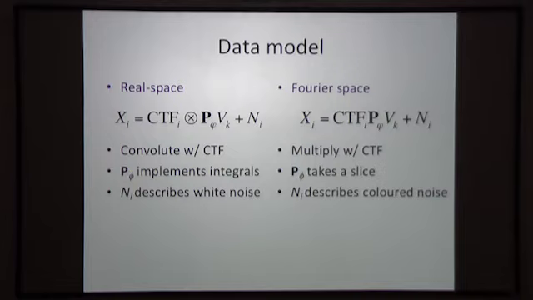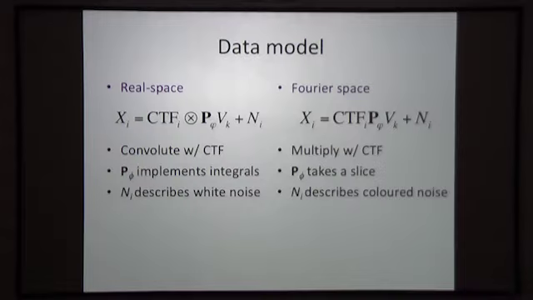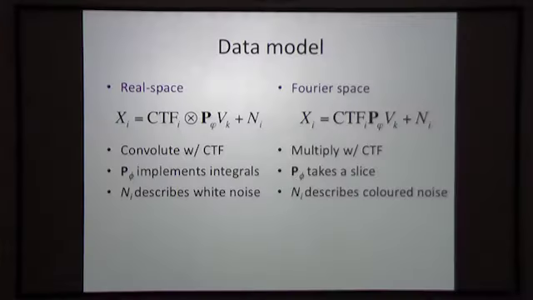Whereas in the Fourier domain, you can take the Fourier transform of that point spread function, which we call the CTF, and you can then multiply terms, which is a much cheaper operation. Then in real space, if you want to calculate a two-dimensional projection, you have to take integrals along all the lines that go through your object. Again, a rather expensive operation. Whereas in Fourier space, you can just take a two-dimensional slice out of the three-dimensional Fourier transform, which is much cheaper.